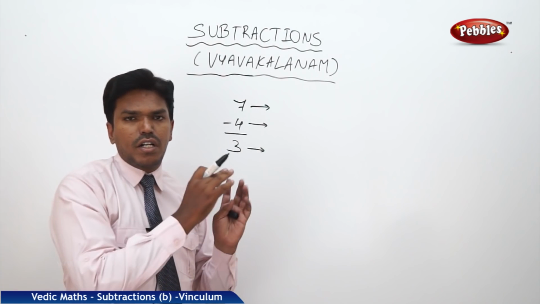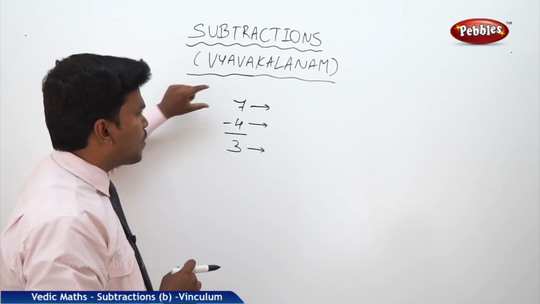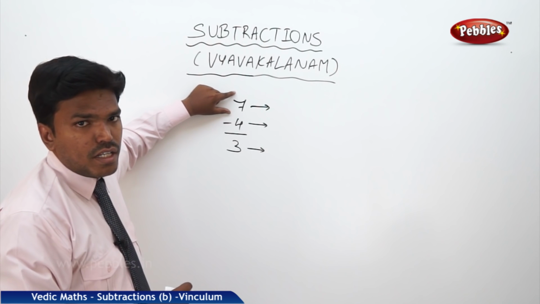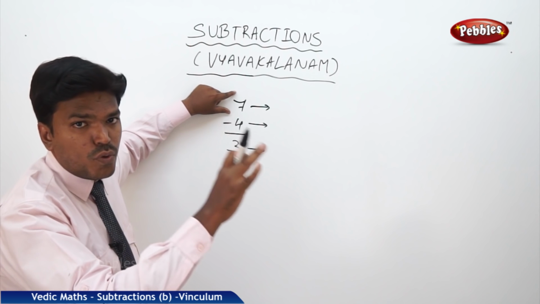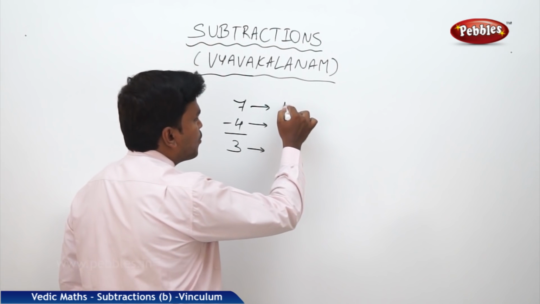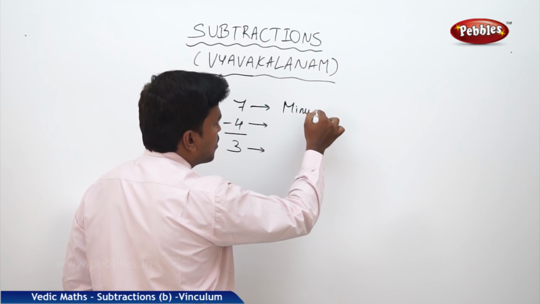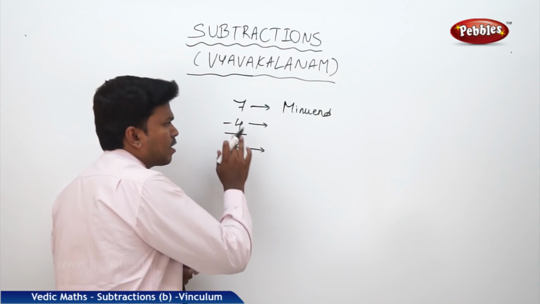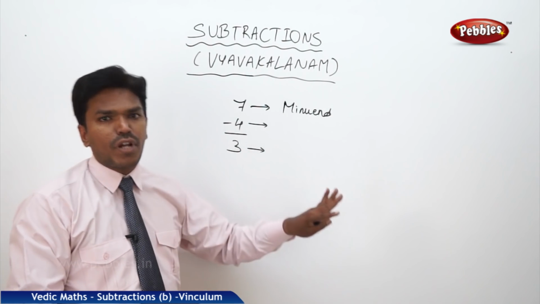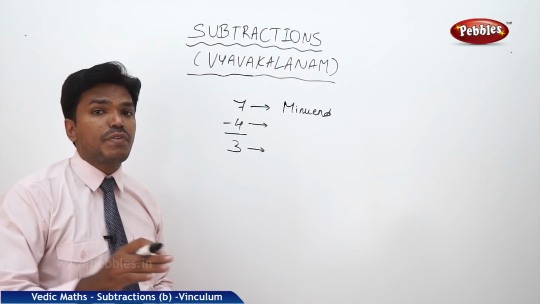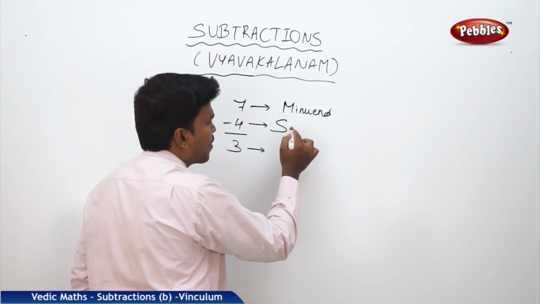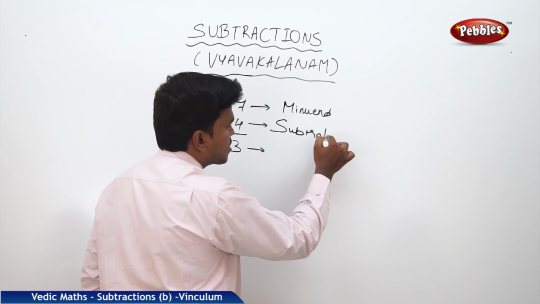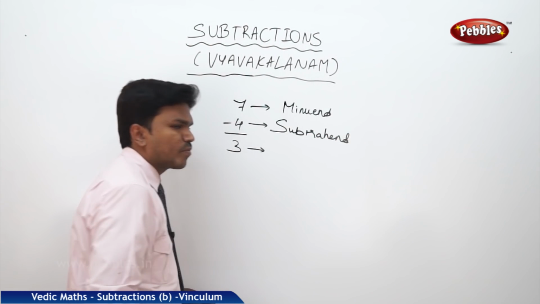The above number, that is 7, which we are subtracting from, is known as minuend. And the number which we are subtracting, that is the below one, we call it subtrahend.